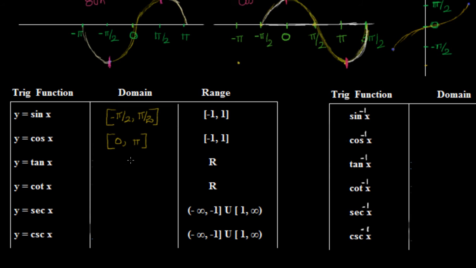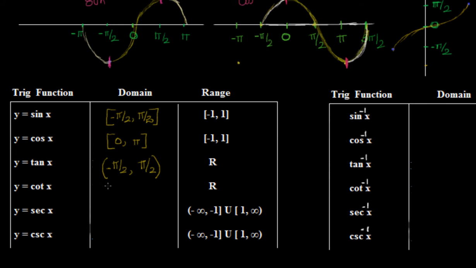Tan is nothing but sine by cos, but it is not defined wherever cos becomes 0, because that will be undefined. Cos becomes 0 when theta is 90 degrees, which means I cannot have minus pi by 2 and I cannot have pi by 2. Remaining values are pretty much fine with tan.